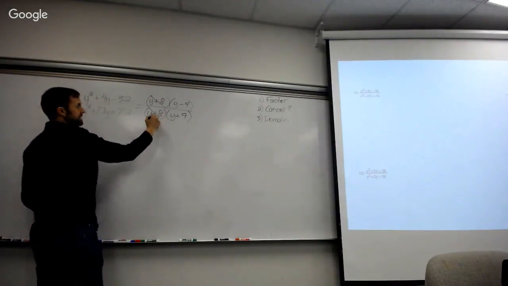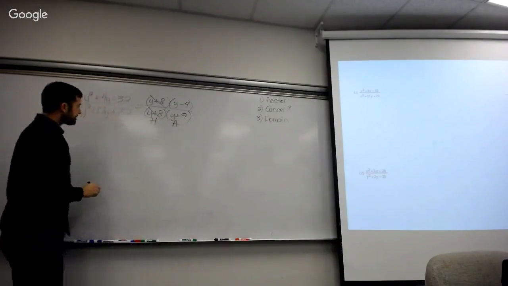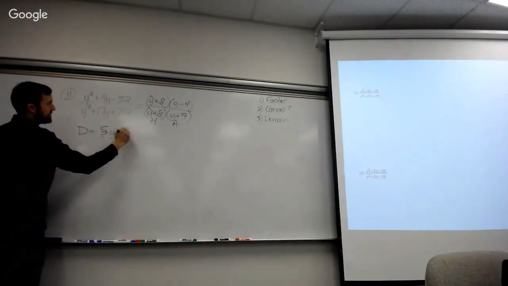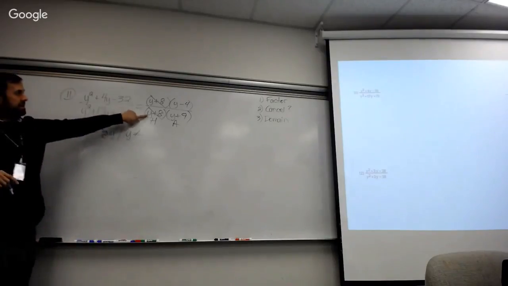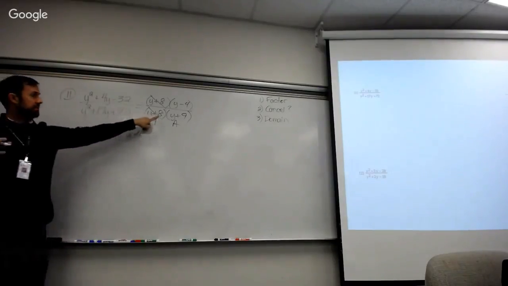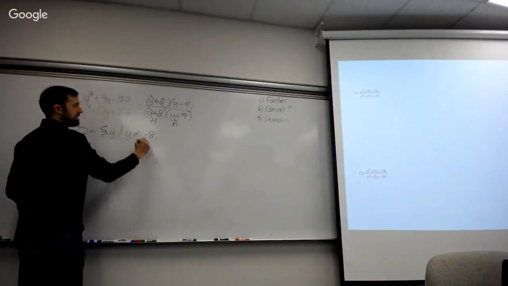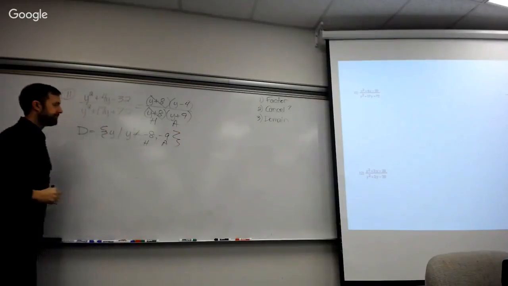Since I canceled it, it's a hole, and the other one's an asymptote. So now our domain is all numbers y such that y just can't equal what? Yeah, y can't equal -8 or -9, for different reasons. It can't equal -8 because that would be a hole. It can't equal -9 because that would be an asymptote.